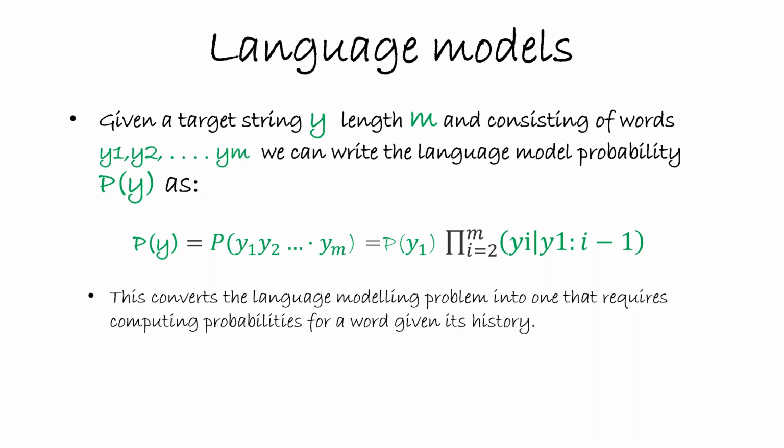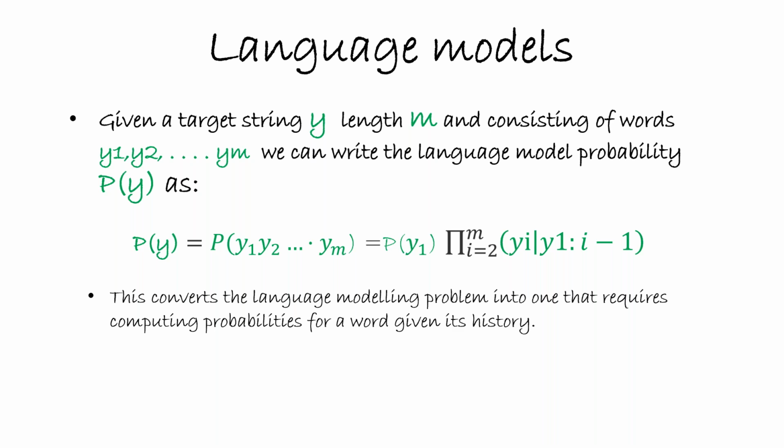So we find the total probability of the given output sentence. This converts the language modeling problem into one that requires computing probabilities for a word given its history.